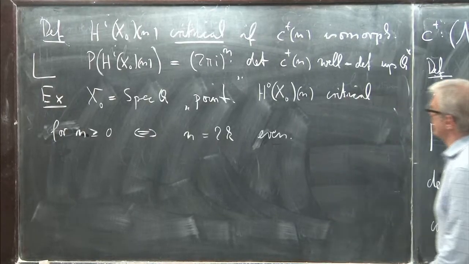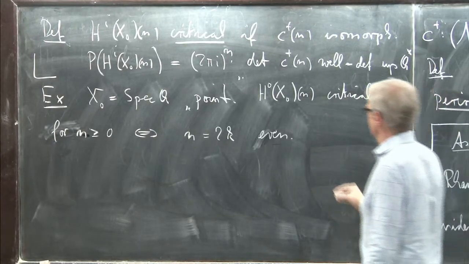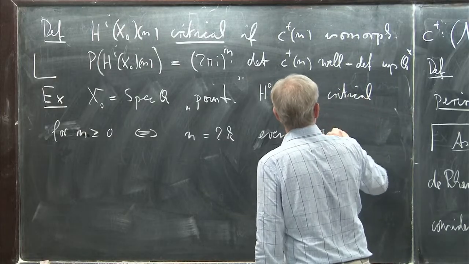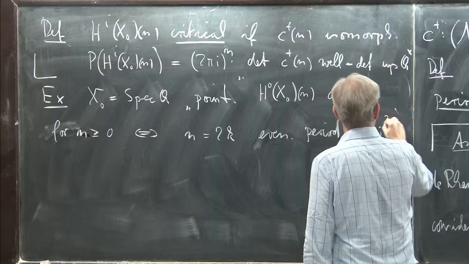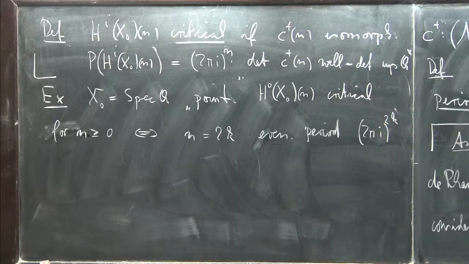And this we will see later. So the period here is then 2 pi i to the 2k, and you have seen that number before.